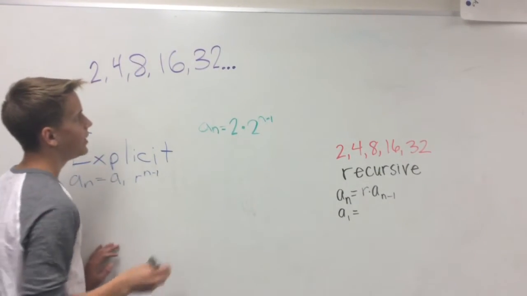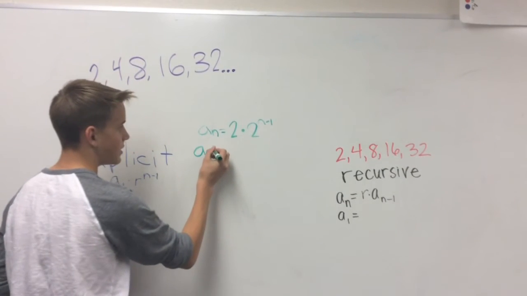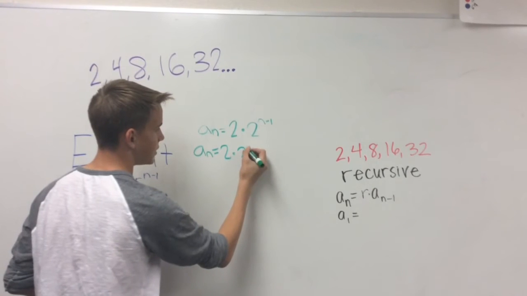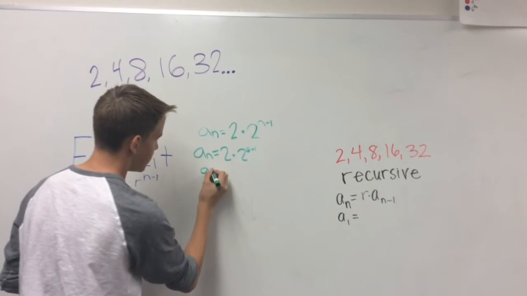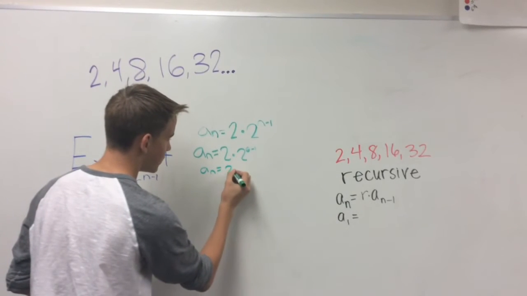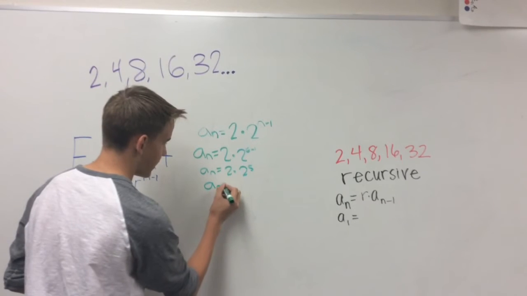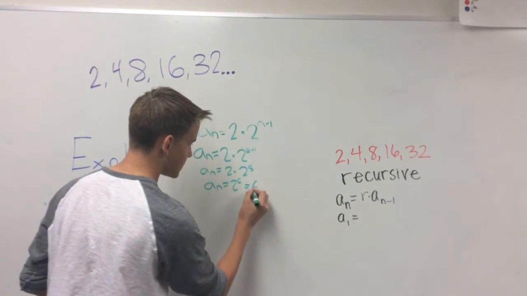Now say you wanted to find the sixth term: a base n equals 2 times 2 to the sixth minus 1. And so a base n equals 2 times 2 to the fifth. Then you get 2 to the sixth, which equals 64.